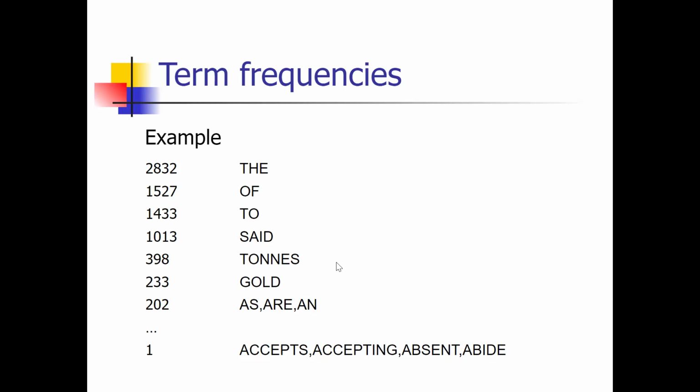So we should try to find a balance in between, not too frequent, not too infrequent. We need to find a set of words in the middle of this region, which will be our vocabulary. So remember that. You can take the term frequencies, but then again, you have to be very careful about using them.